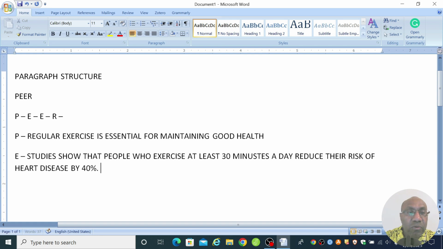So you are now quoting some figures, some facts based on research or from material that you have read, and you are now providing the evidence. So that's the next letter E, evidence.